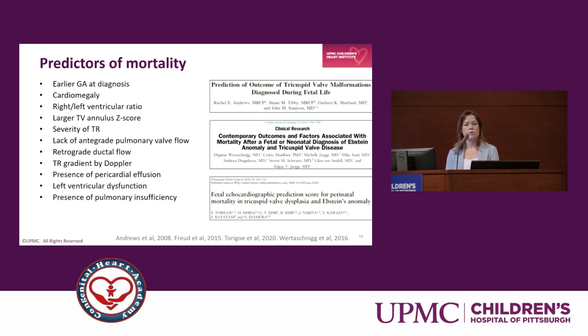It is very notable that Ebstein's is a progressive lesion during the pregnancy, as I showed in some of those cases, that the features tend to progress and that fetuses may have more of these poor predictors late in gestation than they do in earlier gestation, which can make counseling families at 20 weeks gestation more complicated.